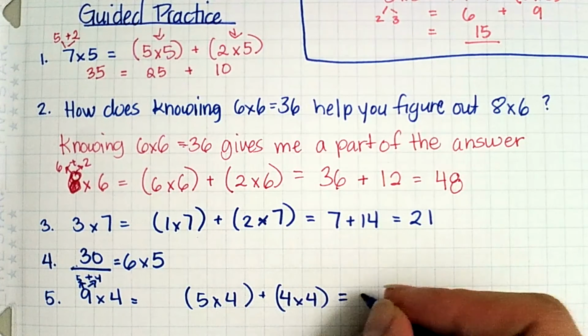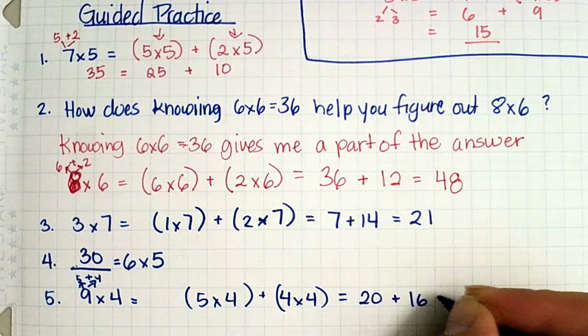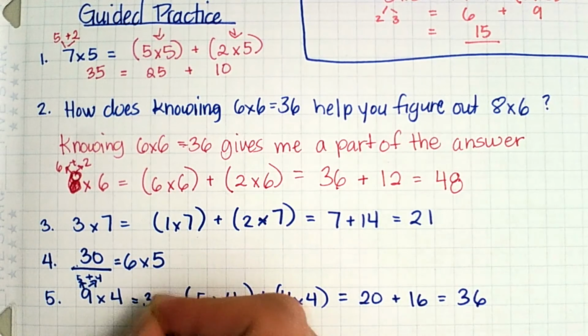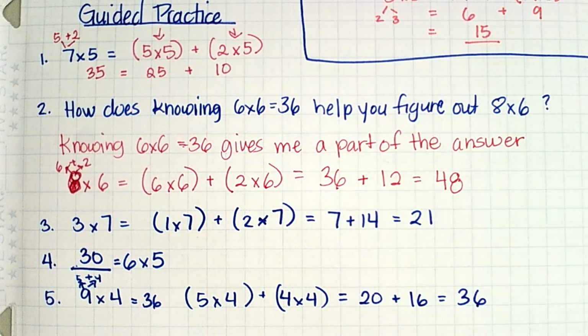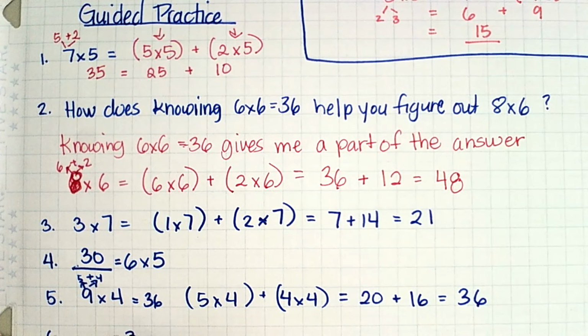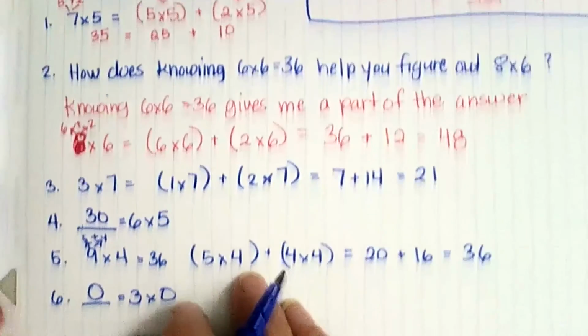Now I know 5 times 4 is equal to 20, plus 4 times 4 is 16, which gives me 36. So 9 times 4 is equal to 36. For number 6, it's asking me for the product of 3 times 0. Now we know anything times 0 is always going to be 0.